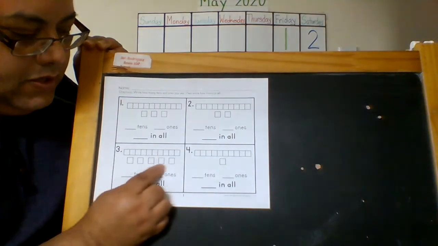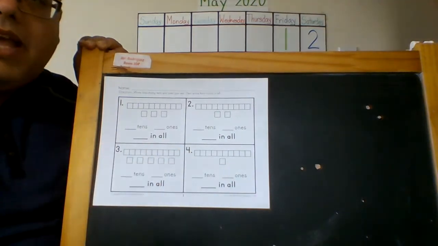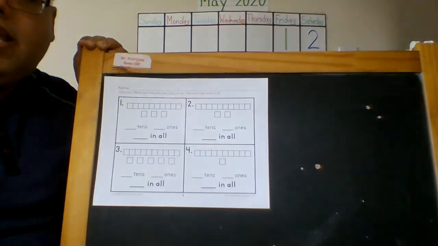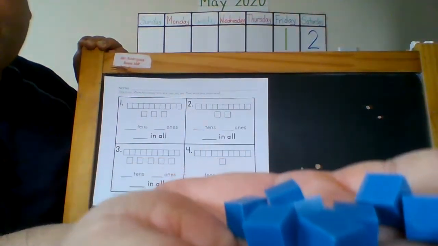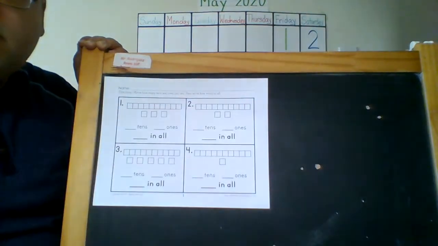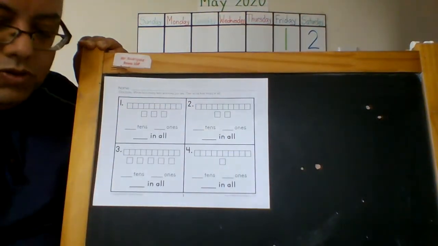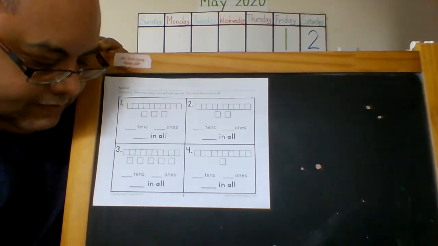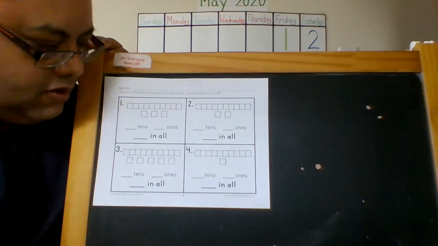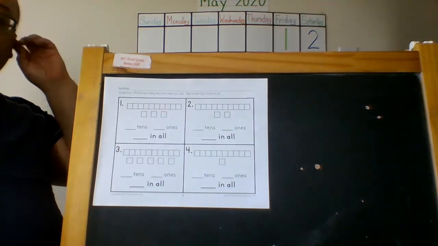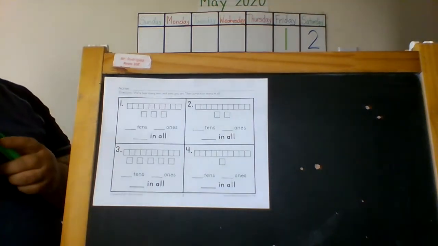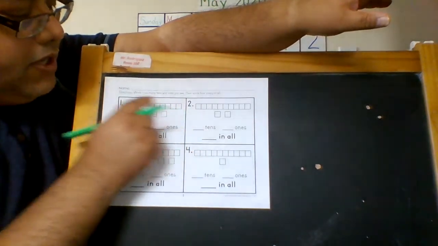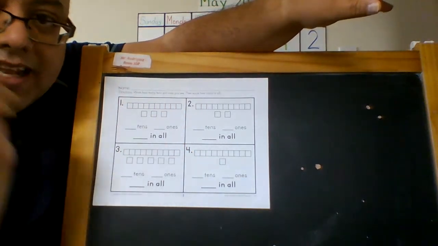Okay? So, in Spanish, we call these decenas and these unidades. Okay? So, we're going to try to count in the tricky teens the longs and the cubes, or the tens and the ones. So if I have one completely together, that's 10.